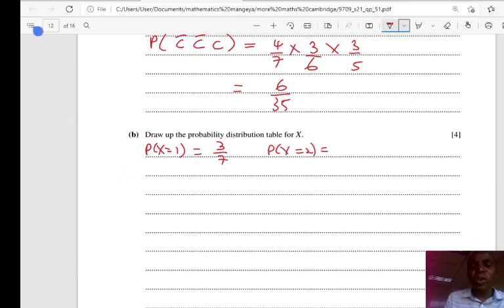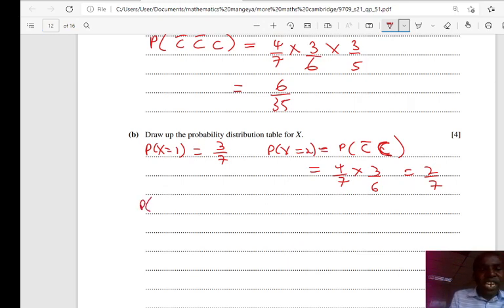It will be equal to, first is not carrot, and then carrot on the second. So it will be not carrot is 4 over 7 times carrot, it will be 3 over 6. Then if you simplify this one, it's 2 over 7 actually. Because it's half, then times 4 over 7, yes, 2 over 7.